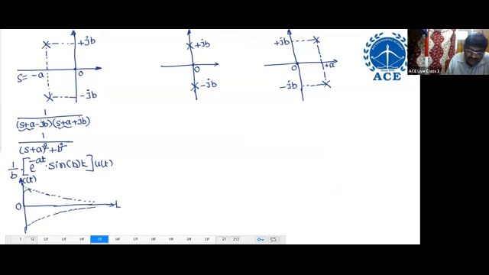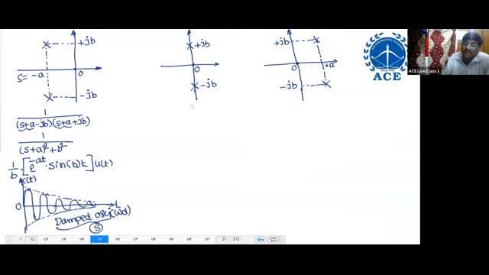In between, make it oscillations. These are called damped oscillations, omega d. The system is stable.